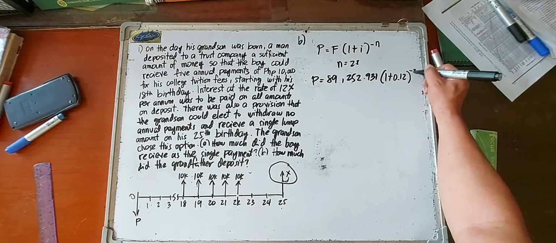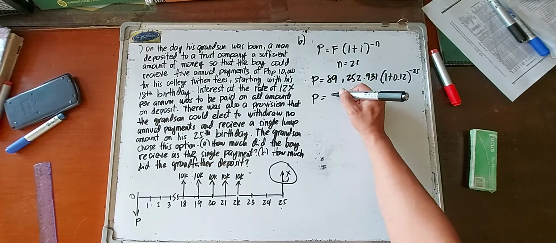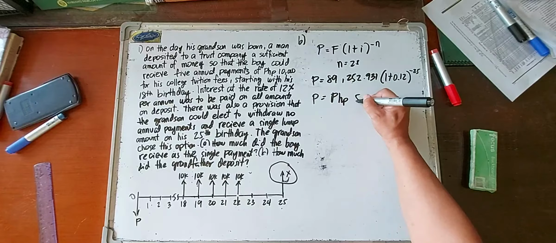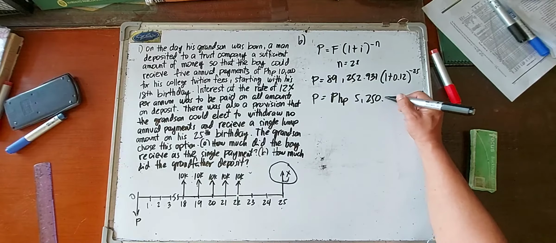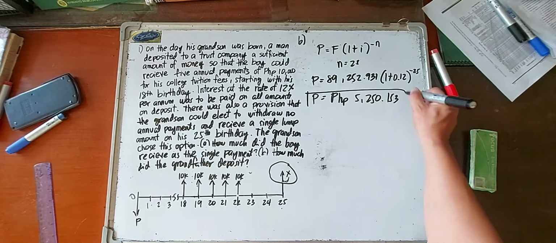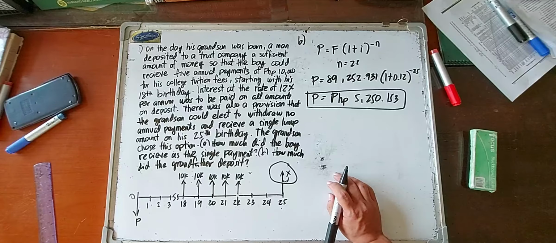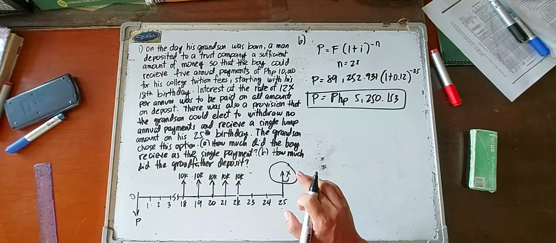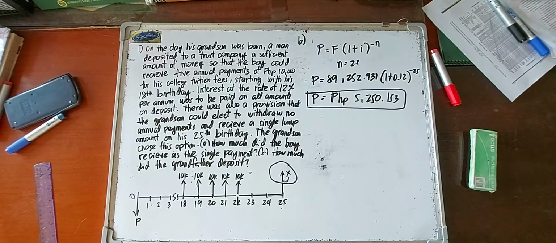So we have negative 25. The present worth should be still 5,250.153 pesos. Okay, so you may solve this problem using different focal points. Try nyo. In this case, we have tried at least three possible focal points or solutions.